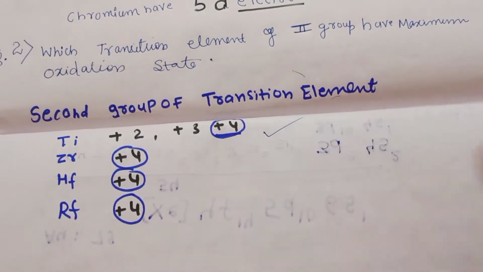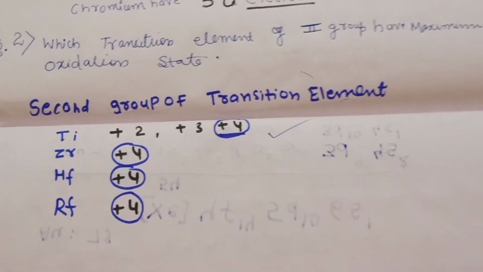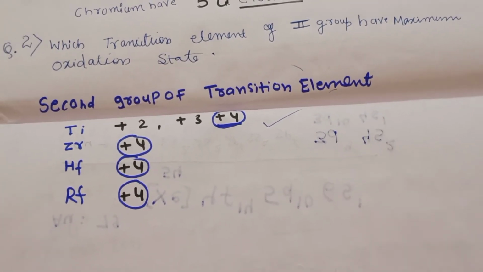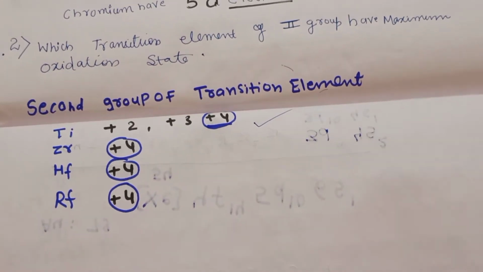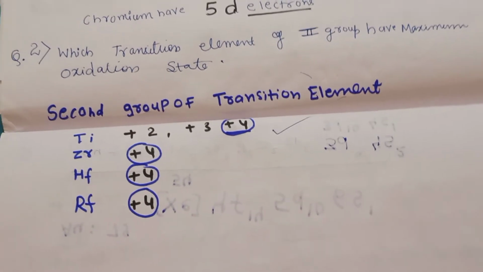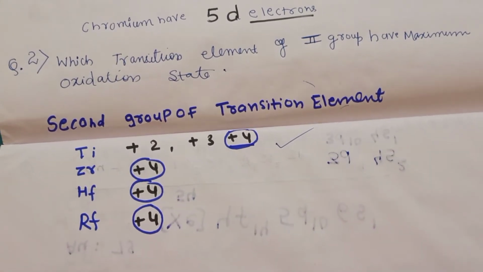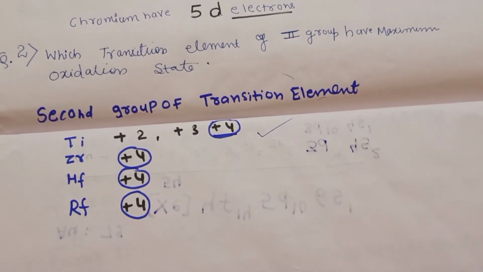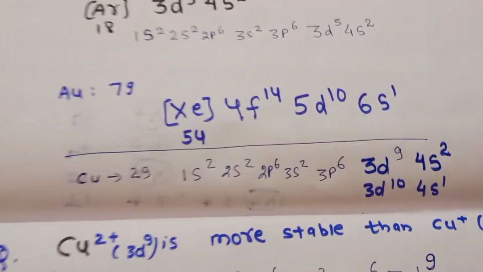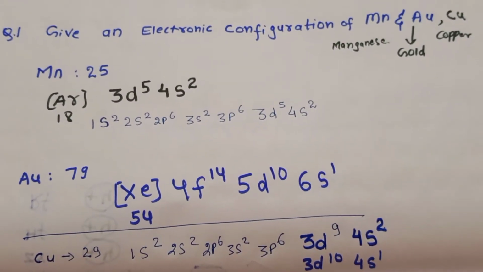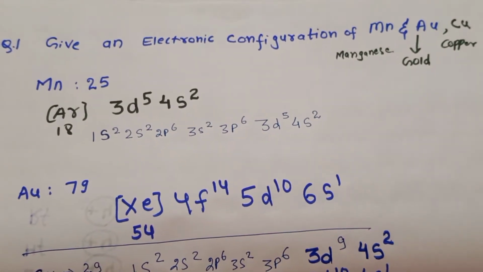So you can go with titanium, because the highest oxidation state is +4 in this group, but the maximum number of oxidation states is possessed by titanium. So you can write that titanium has 3 oxidation states, +2, +3 and +4, but the maximum oxidation state in the group is +4.